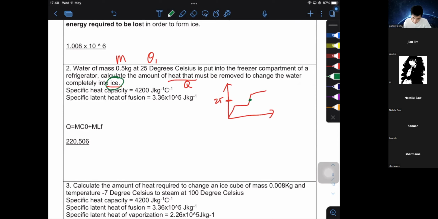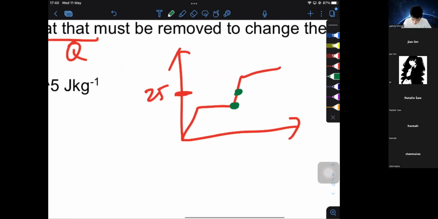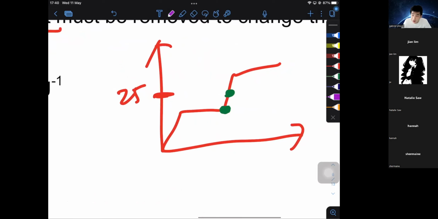In order for it to completely turn into ice, it is not here, guys. This section here is still going to be water, because here is liquid, here is liquid plus solid, and this part onwards is supposed to be solid, guys.